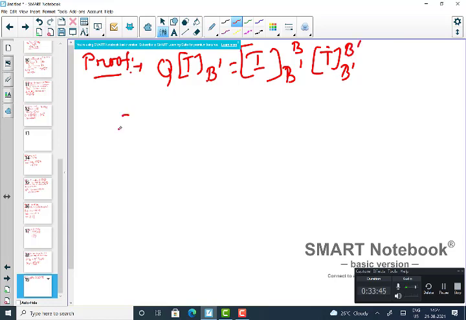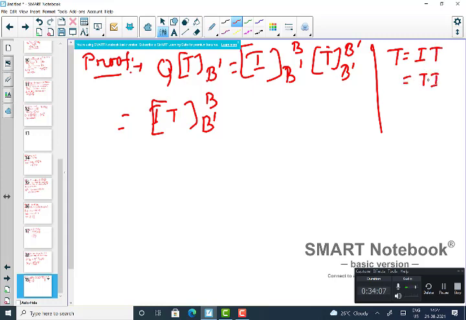Hence this will be I times T from B dash to B. Now note that I is the identity operator, and it has the property that for any operator T, I T equals T equals T I, so the identity commutes with every operator. Then you can write this as T I from B dash to B.